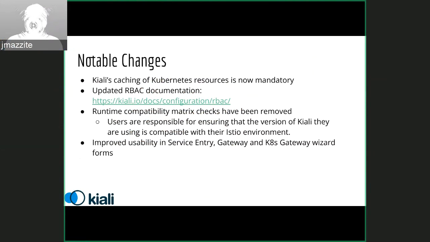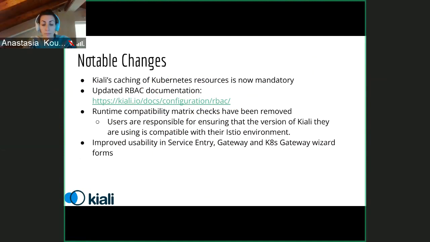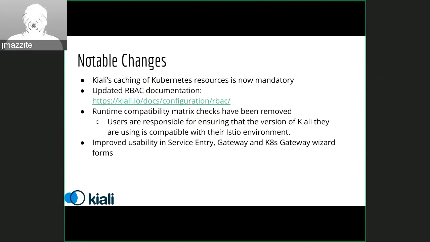We just don't have Kiali checking it at runtime. So users are responsible for ensuring that their version of Kiali is compatible with their Istio environment. They just go to our docs, confirm what they're running will work. Kiali itself, when you bring up the UI, won't tell you now if you're compatible or not.